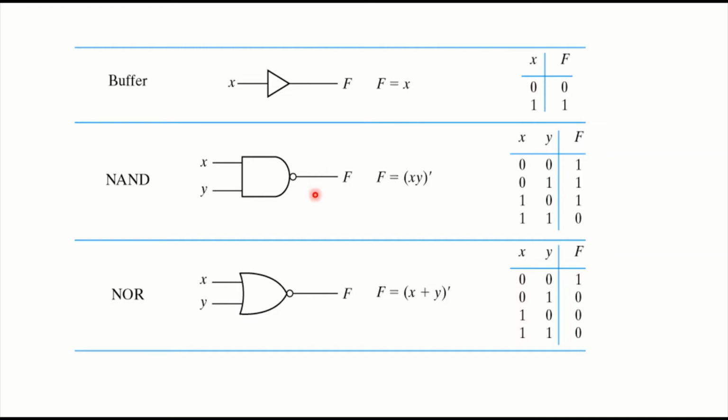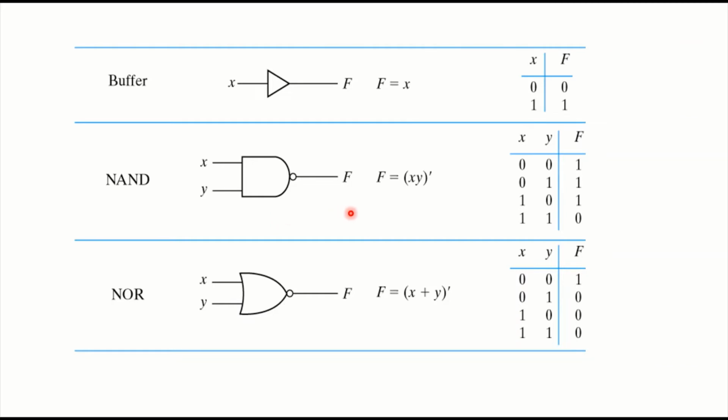Here we are putting an inverter circuit or NOT gate circuit at the output of the AND gate. This inverter circuit or NOT gate circuit is shown by this circle or bubble. This bubble or circle is working like a NOT gate. So NOT of AND gate is NAND gate.